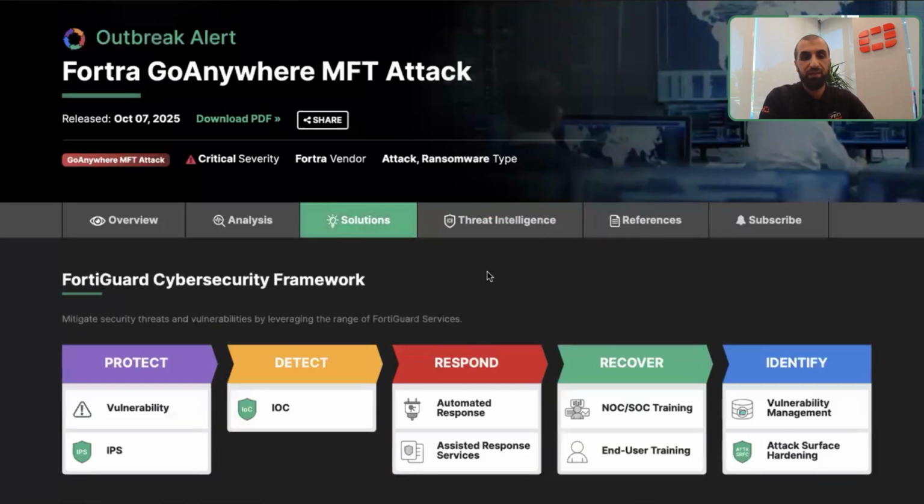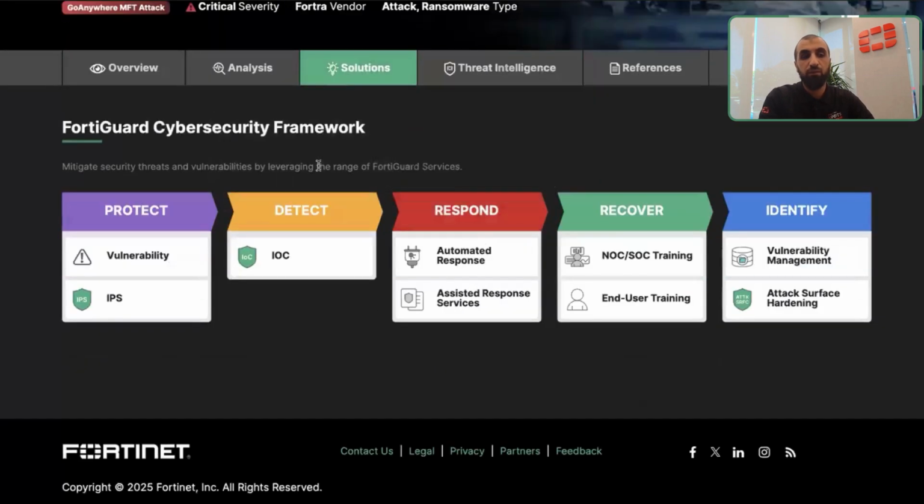From a solution perspective, we have the FortiGuard Cybersecurity Framework, which is aligned with the NIST Cybersecurity Framework. Fortinet offers solutions like FortiGate, FortiClient, and FortiSIEM, and all these solutions and more are fully equipped with the latest threat intelligence to help you detect and respond to this attack.